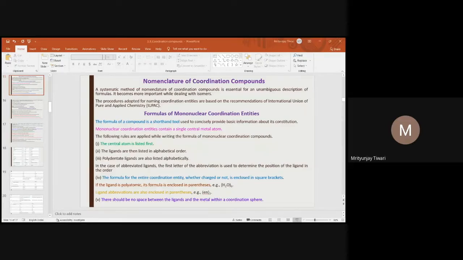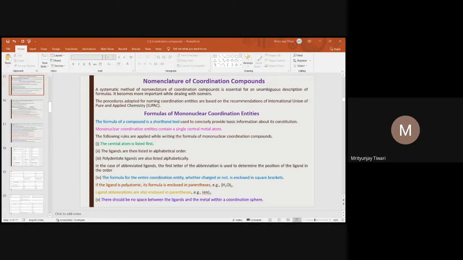This is the cationic coordination entity. And in the cationic coordination entity, again after the square bracket, the charge is shown, and there also the number is written before the sign in the superscript. And what is the counter ion?